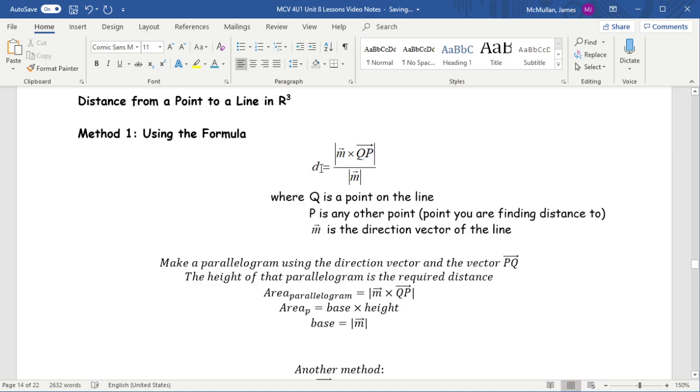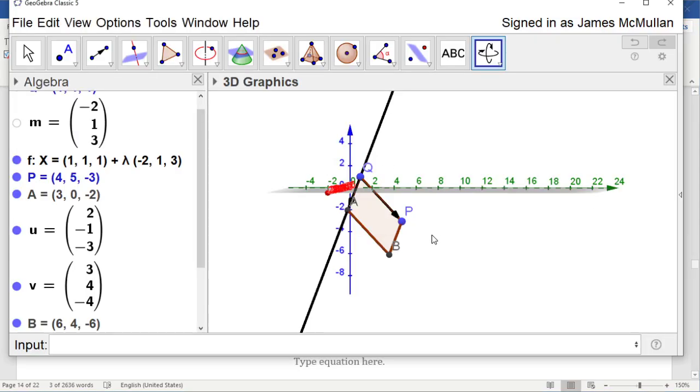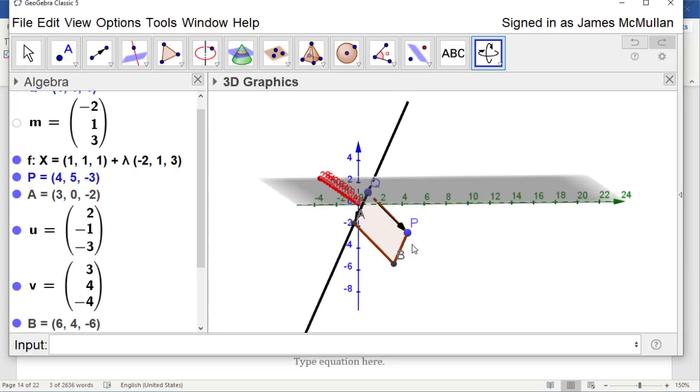What it does is it figures out the height. Therefore, the height would be equal to the area divided by the base, and that's where they get the formula from. So you cross M and QP, you divide it by the magnitude of M, and that will give you the missing height in your picture.